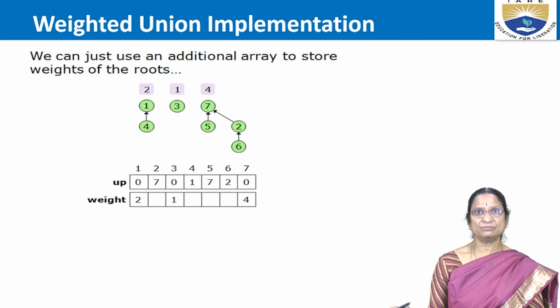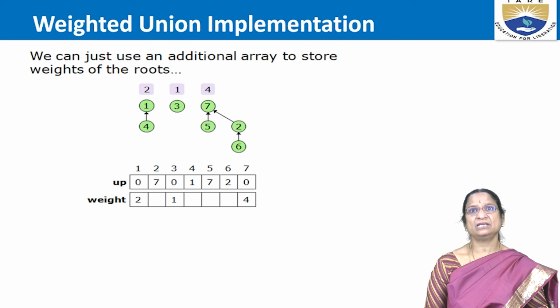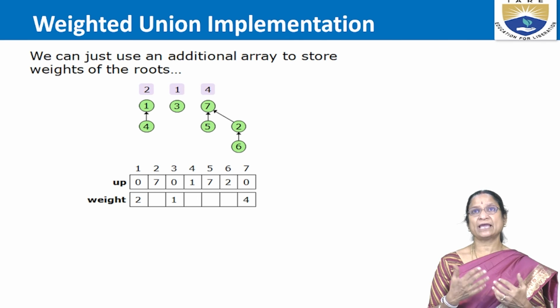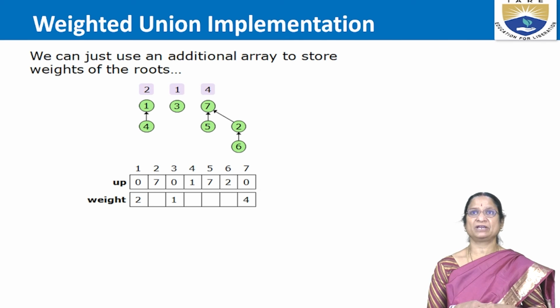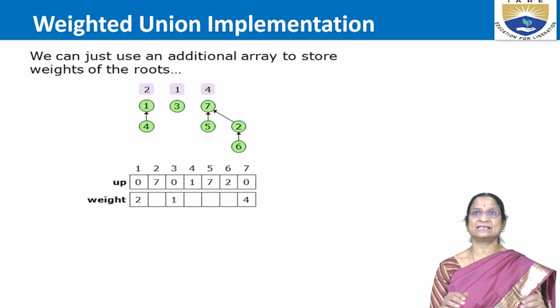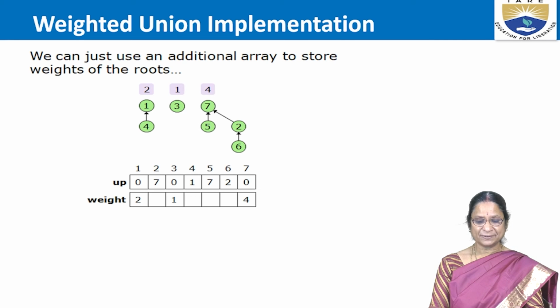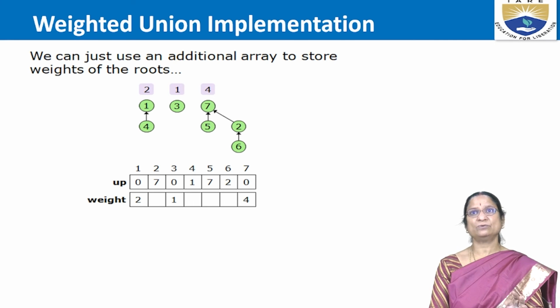When we do this, the representation in the respective arrays also has to be considered. In normal union there is no problem, but in these cases calculating the weight every time would be very difficult. So we represent the weights in a parallel array. Up is an array holding the parent values, and weight holds the values for the roots.